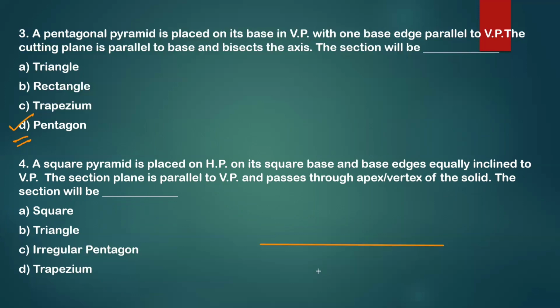If the base edges are equally inclined to VP, then the diagonal of the square will remain parallel to the VP. So I'll draw the square in that way. Okay, this is the top view.